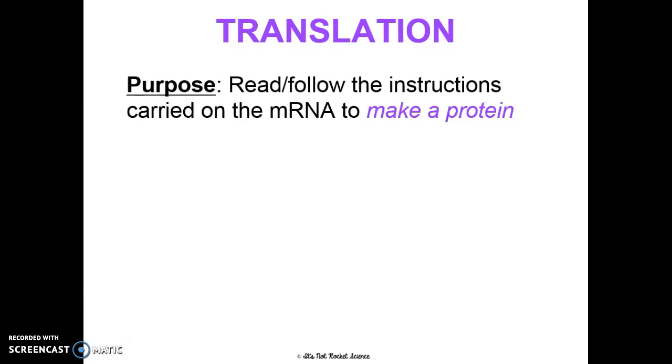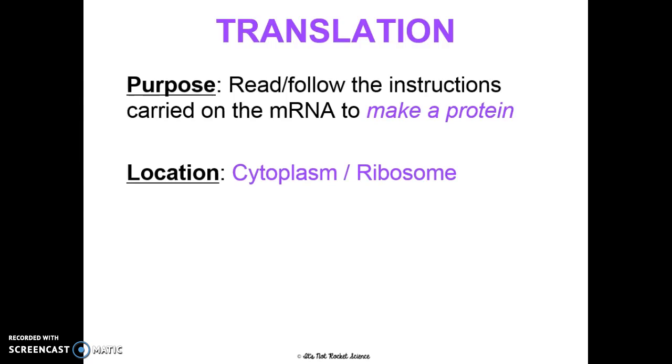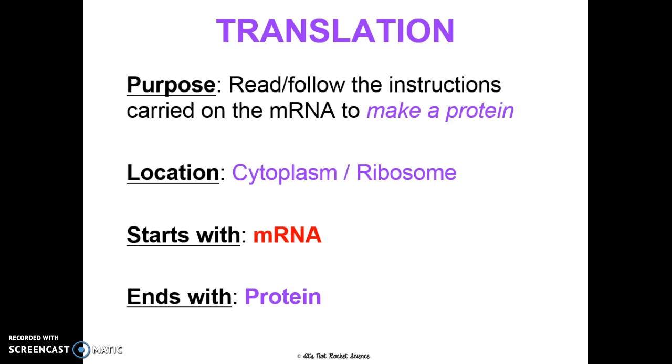So our purpose for translation is to take this mRNA that's left the nucleus, and it interacts with the ribosome to ultimately make a protein. So all of this is taking place in the cytoplasm and at the ribosomal site. So again, we start with our mRNA and our final goal for the whole central dogma is the creation of a protein.